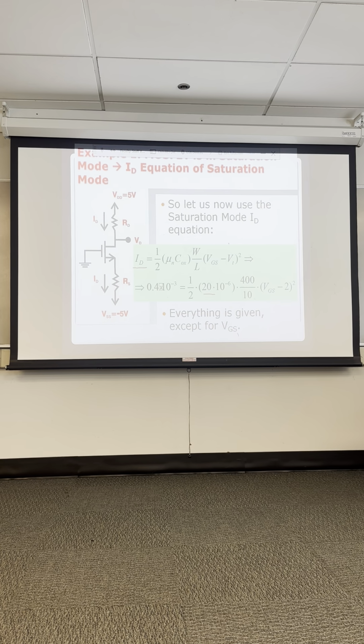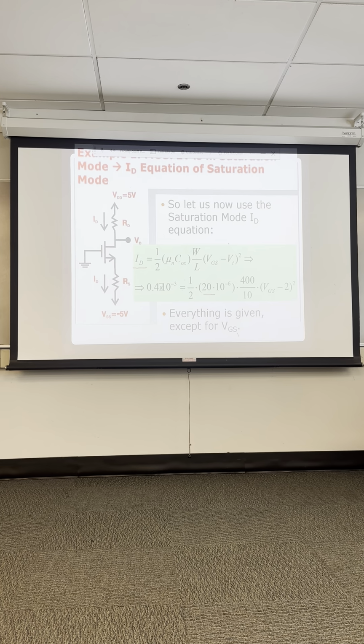Over 10 is 40, and 1/2 times 40 is 20, and we have 20 times 10 to the minus 6, and the milliamp, the 10 to the minus 3 will cancel.